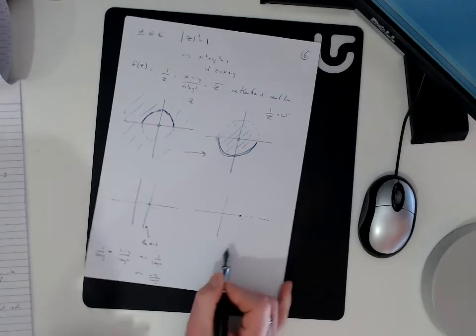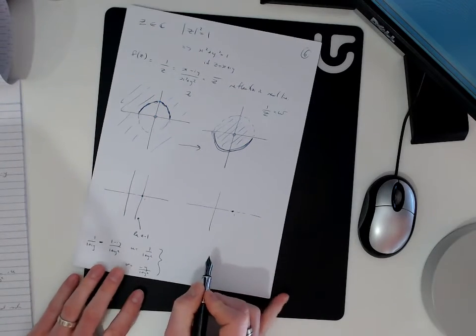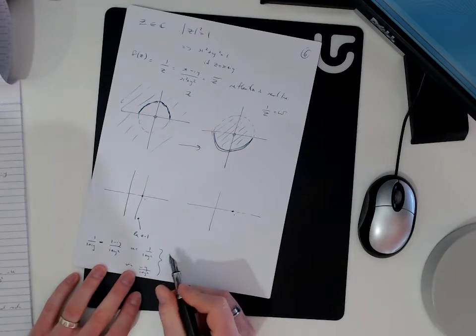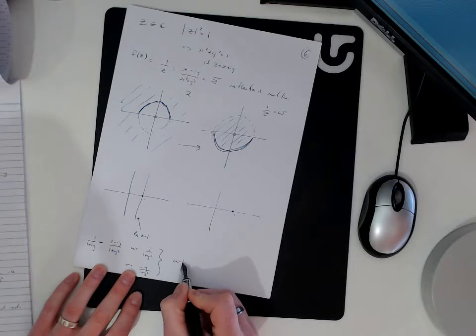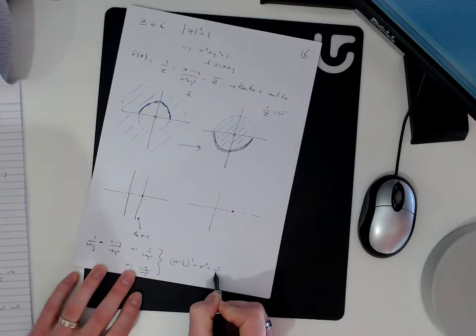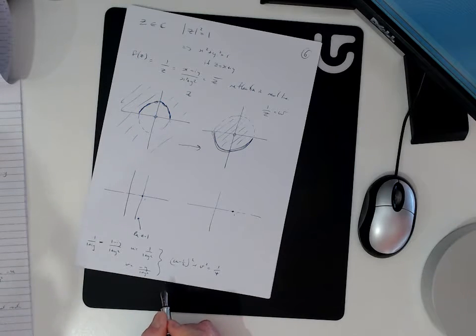Now, what is this? This is a little bit awkward, but it is possible to show that if u and v satisfy these relations, then u minus 1/2 squared plus v squared equals 1/4. How did I get there?